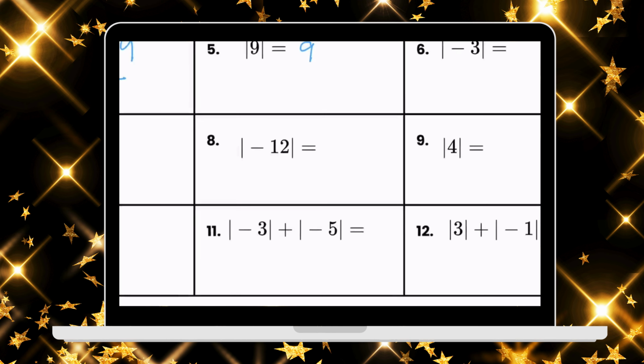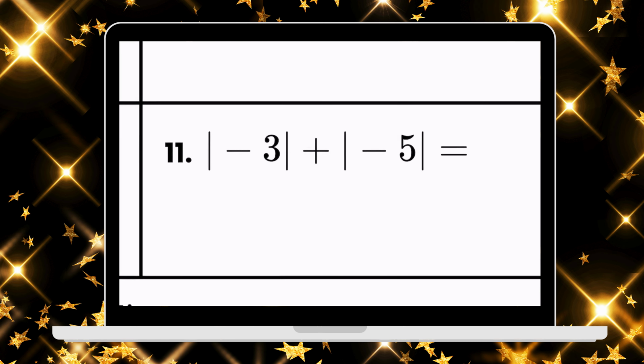All right, let's look at number 11 here because we're adding 2 different absolute values together. So we have the absolute value of -3 plus the absolute value of -5. So again, if we're just thinking first, absolute value is telling us we need to know what's the distance from 0. And so -3 is to the left 3 spaces.